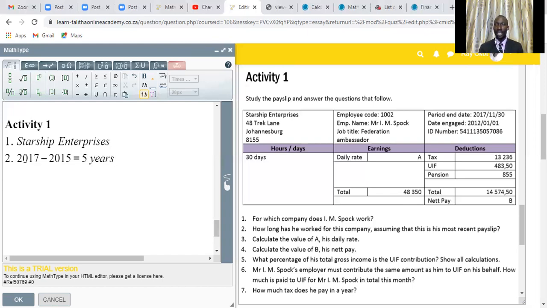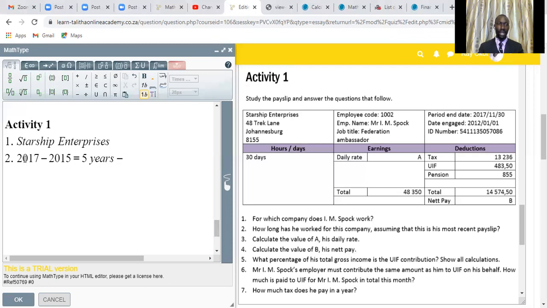But the thing here is, in 2017, he did not work for a full year. He worked up to the end of November. So how are we going to do that? Well, out of the 5 years, we are going to remove 1 month, which is the month of December for 2017.